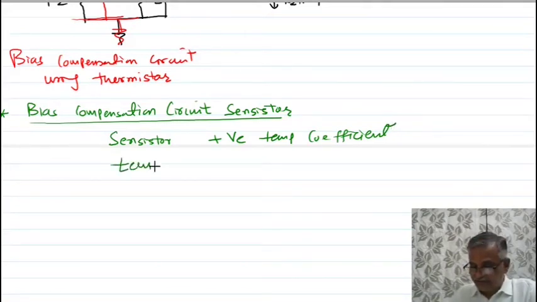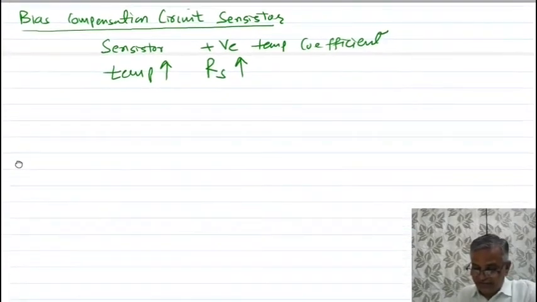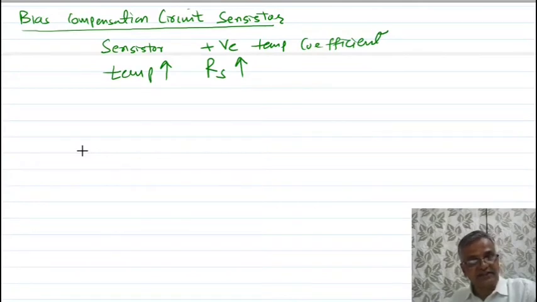It means as temperature increases, the resistance of the sensistor increases. So we are using the sensistor to stabilize the collector current against the variation of temperature.